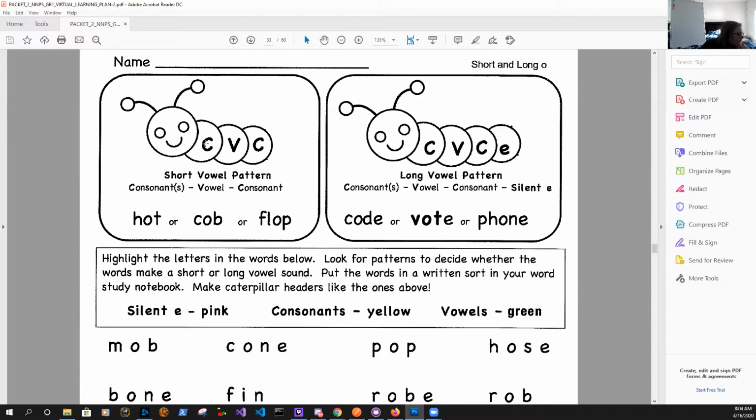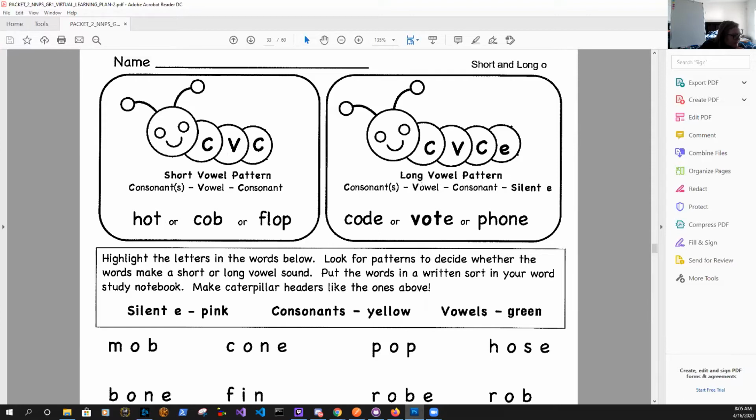And that pattern, consonant, vowel, consonant, makes the vowel short. So the O says ah. It's a short O sound. Hot, cob, flop.